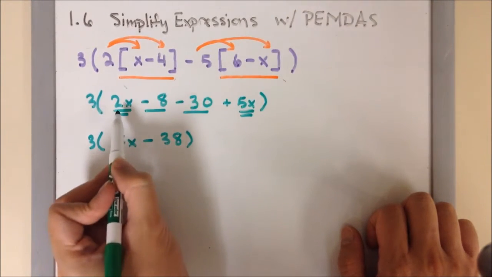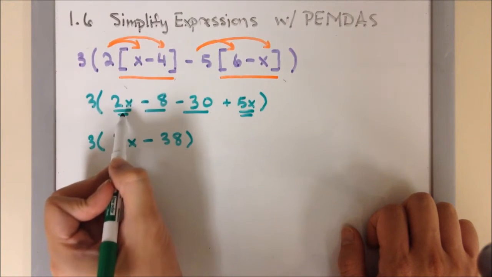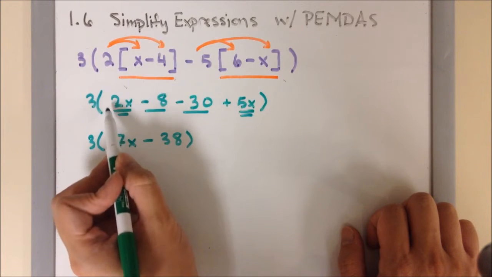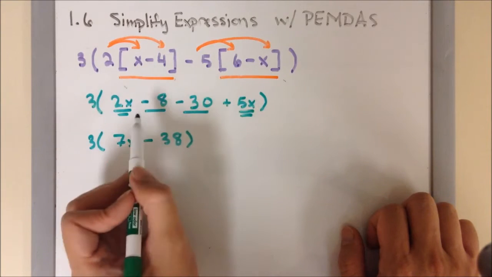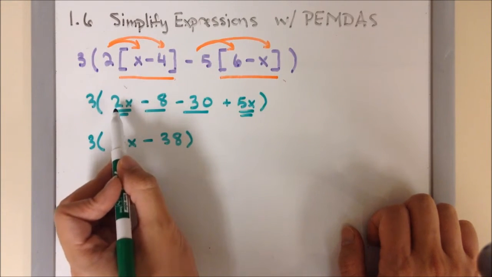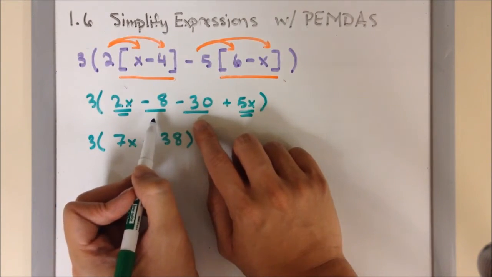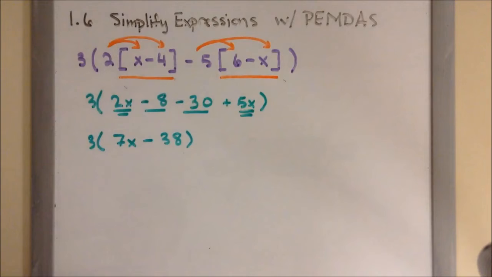Notice how I underline my variables twice and my numbers once to identify which combine with which. So I have my variables, 2 lines, combine them together. My numbers, 1 line, combine them together. Now you don't have to follow exactly.